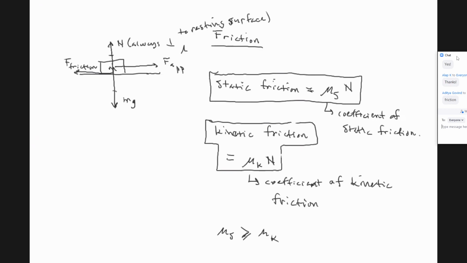So one of the students asked if kinetic friction actually follows Newton's third law, and it doesn't. If you're pushing with a force great enough to overcome mu s, then that applied force is going to be greater than mu k. So you just subtract it, then you have a net force, and you apply Newton's second law, and you get a net acceleration for your object, right?